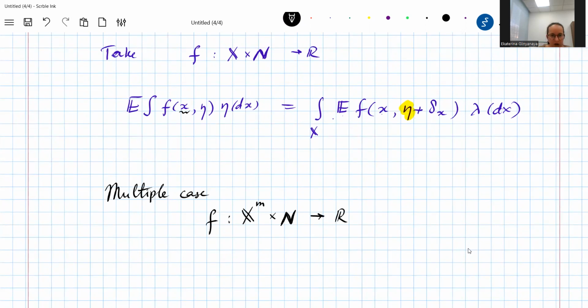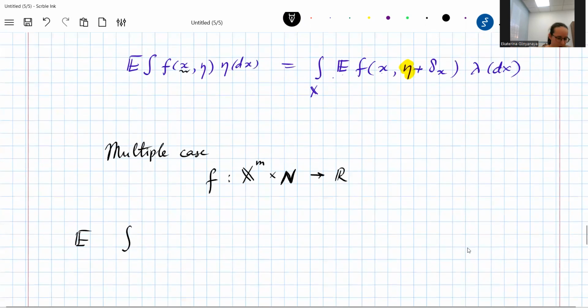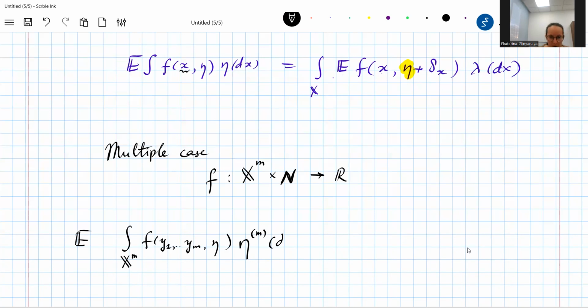Again, the question is how I can find the mean value of such integrals of f from x1 to xm, where I write the variable of integration as y, do not mix it up with random points later, and instead of the usual point process by itself, I write its m-th factorial power, dy1 to dym. So this is a generalization.